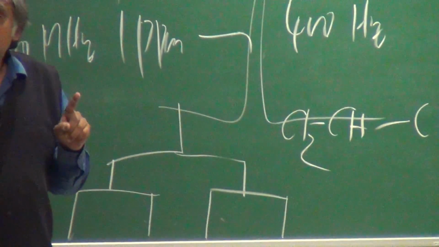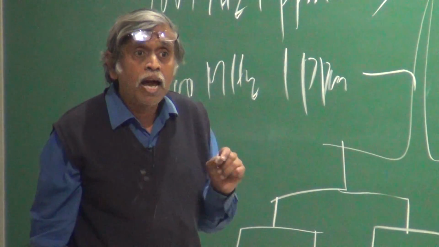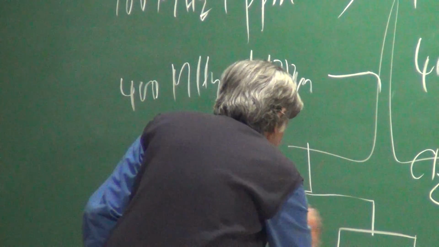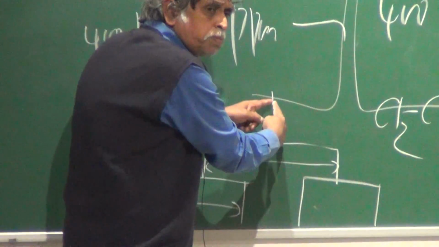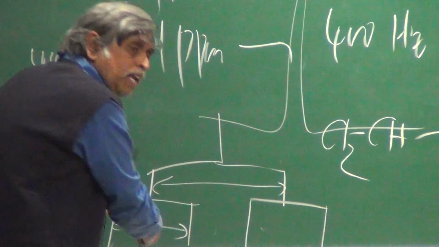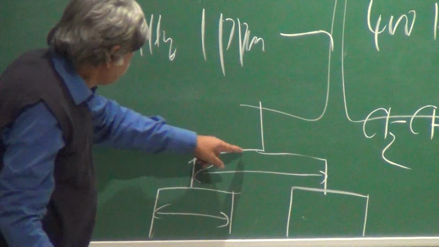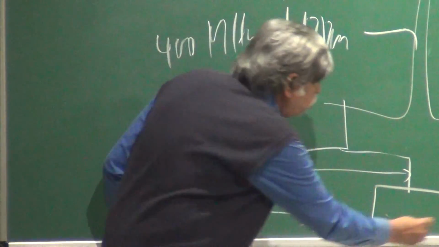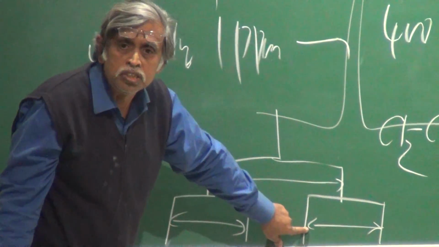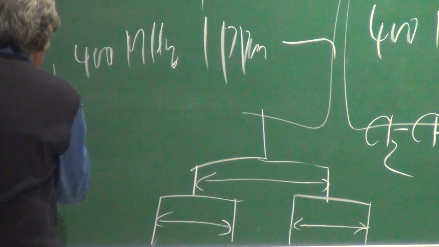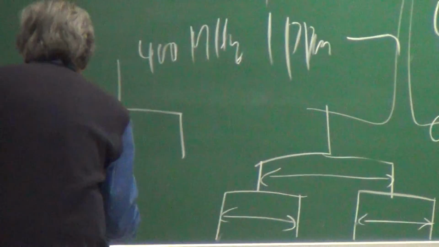If the 2 protons are equivalent, what will happen? This is equal to this. This is split by the first proton, and then the second proton comes and splits it. If this is equal to this, what will happen? These two will actually merge. Right? So you will get something like this.